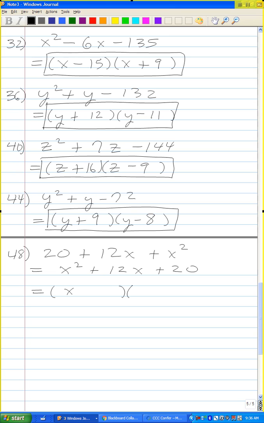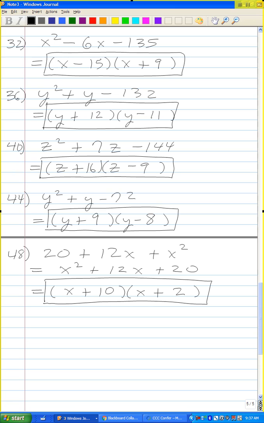So it's a monic quadratic. Drop down the plus times plus is plus. I want to find two whole numbers whose product is 20 and whose sum is 12: 10 and 2. And put the larger number first.